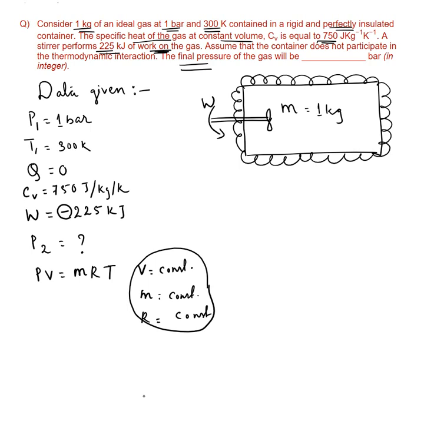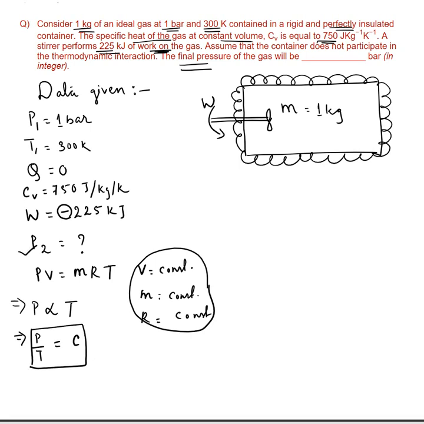By considering all these things, we can say that pressure is proportional to temperature, or P by T is equal to a constant. By using this relation, we are going to calculate the magnitude of P2. So we can consider this relation as P1 by T1 is equal to P2 by T2.